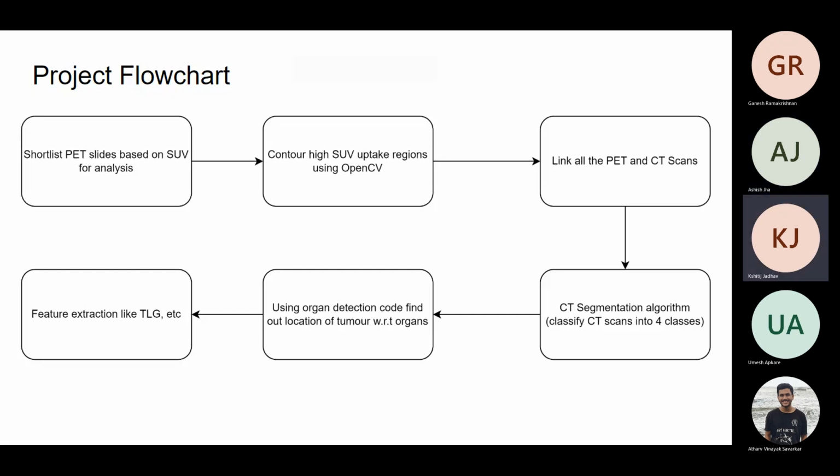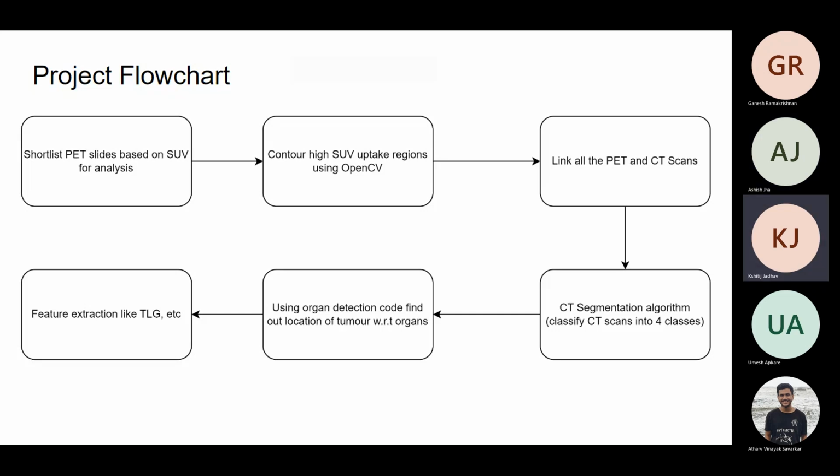Understood. So if I understand correctly, there are other features that we can extract once we are able to identify the tumor, right? Yes, sure. Okay, my question to you is this. Our flowchart is this one, and I'm sorry I'm repeating. One, we identify the SUV max based on the PET scan.